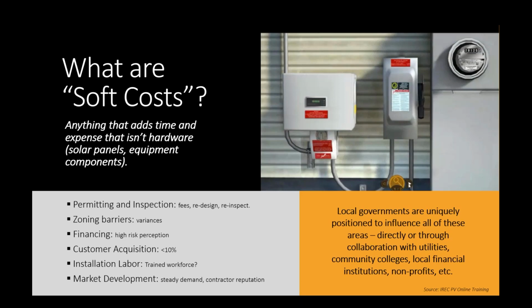Solar installers must deal with attracting customers and then having a trained and very reliable workforce to install solar as well. These are all examples of solar soft costs, and as you can see, local governments actually have a big influence in reducing soft costs in these areas, either directly through staff training or ordinance updates, or indirectly through collaboration with partners.